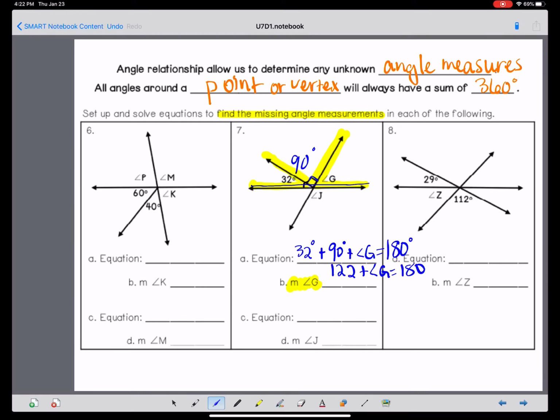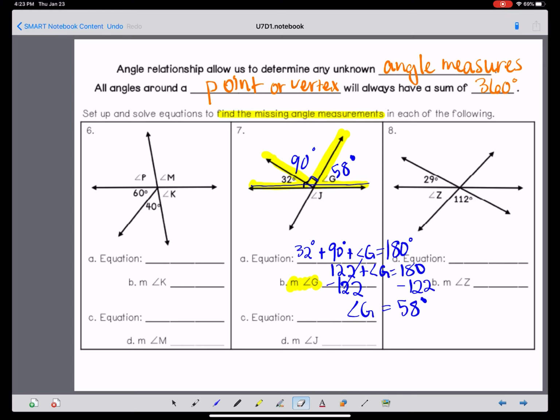We just want to solve for our angle G, so let's subtract 122 from both sides. 180 minus 122 gives us 58. So 58 is what angle G is equal to. 58 degrees.